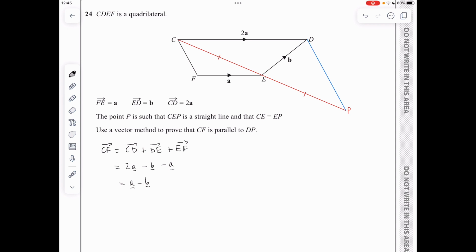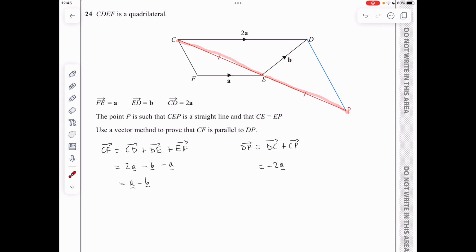And then for DP, to go from D to P, one route will be to go from D to C and then from C to P. So it's going to be DC plus CP. Now to go from D to C, it's minus 2A. And to go from C to P, I will be using the fact that the distance CE and the distance EP are the same.